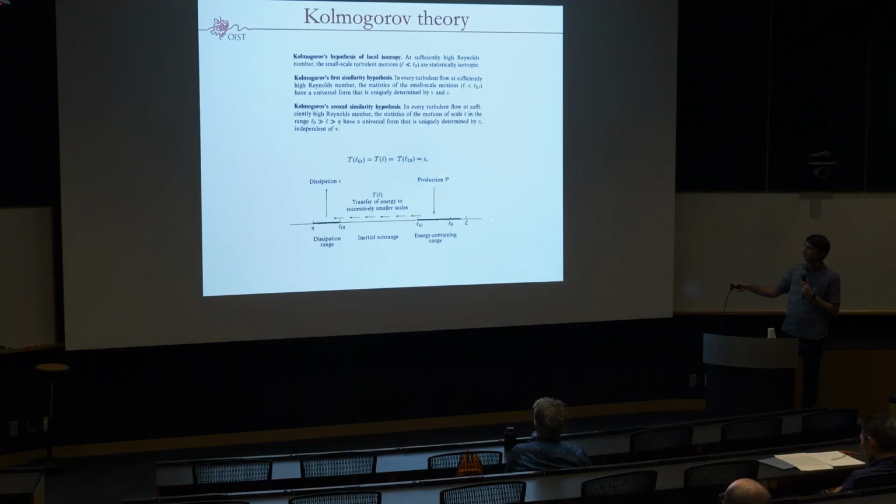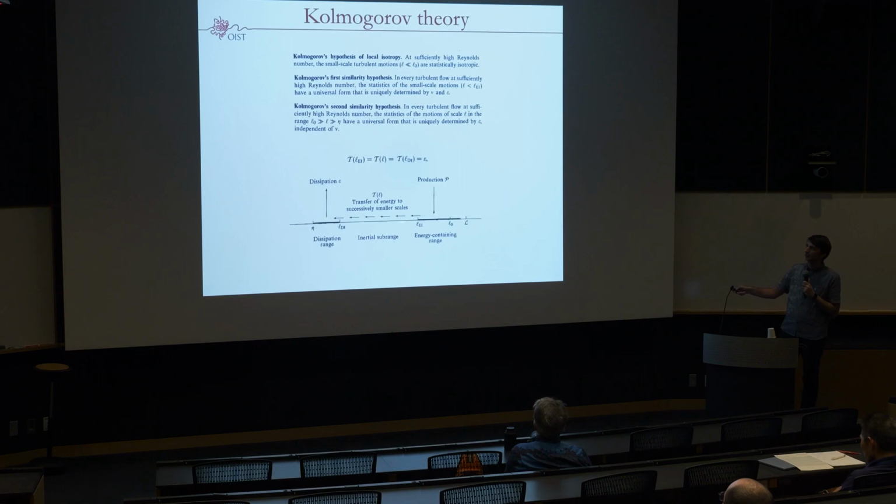And again, there is this pictorial view, which is just a more scientific version of the previous one. On this axis you have the length of your eddy. You have energy, which in my field we call energy production. So energy is entering the system at the larger scale and is then transferred. The range of scales where energy enters is called the energy containing range.